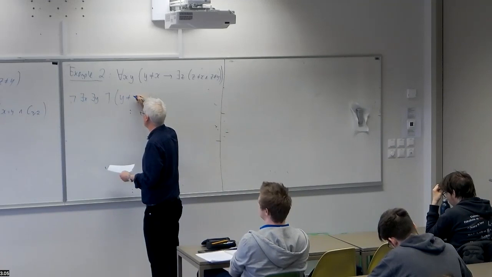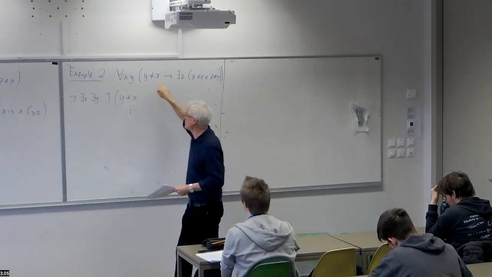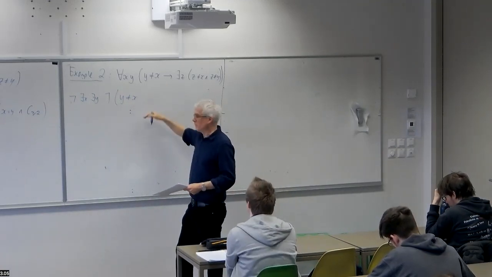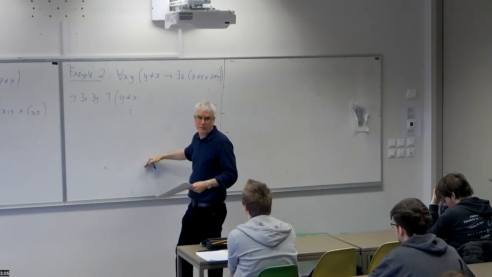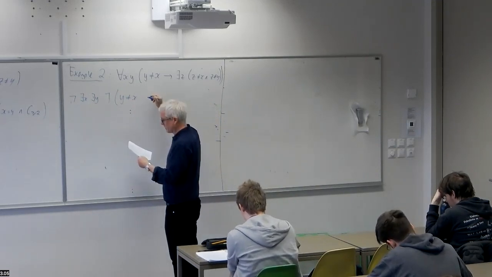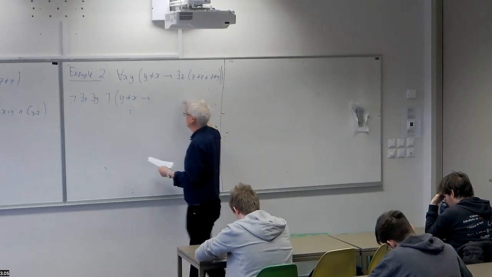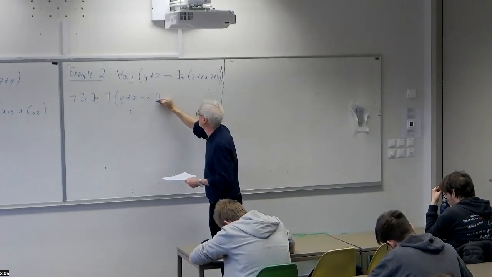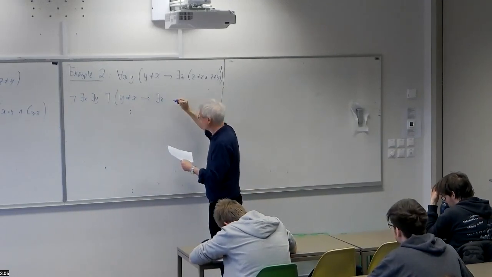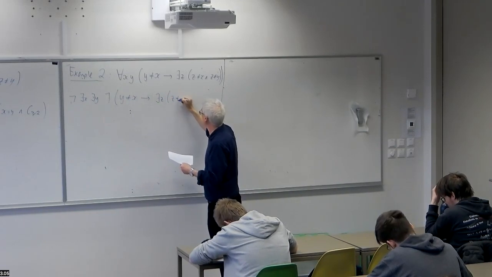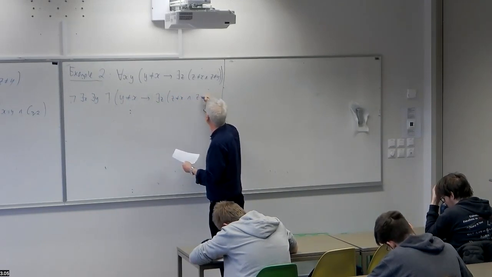I'm basically going to rewrite this sentence line by line, always having equivalent sentences. So y is not equal to x implies, well, we've just replaced the quantifiers here, so we'll keep this the same: exists z, z is not equal to x and z is not equal to y.